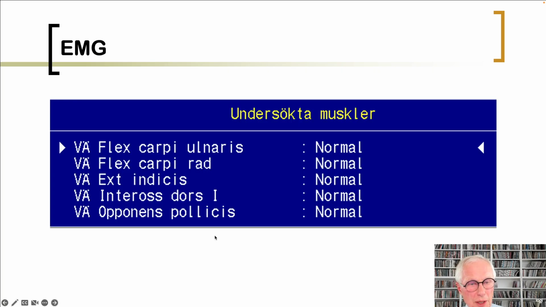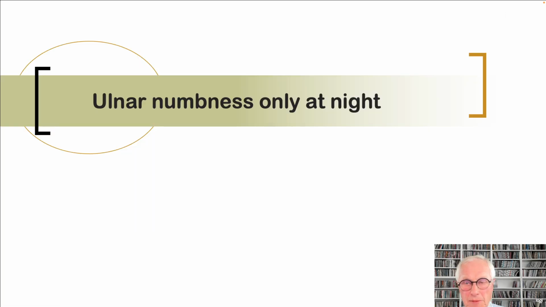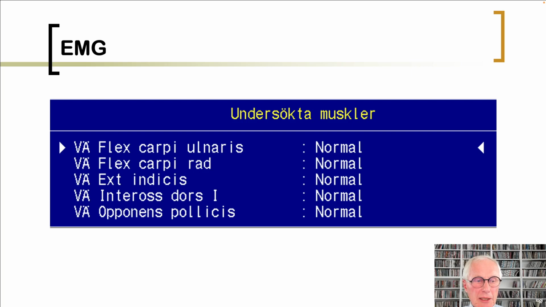EMG showed no abnormalities in the muscles studied, so this is a very slight ulnar neuropathy at the elbow, mainly a conduction block, and eventually the symptoms cleared within a few months after the onset. It was only a slight demyelination in this case.